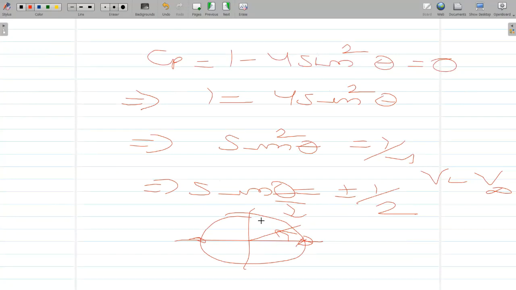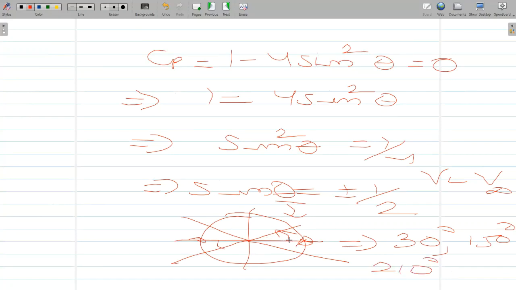So with respect to the typical mathematical convention, sine theta is positive half at locations 30 degrees, pi by 6, and then 180 minus 30, that is 150 degrees. Then sine theta is minus half at these two locations, 180 plus 30, that is 210 degrees, and also 360 minus 30, that is 330 degrees.